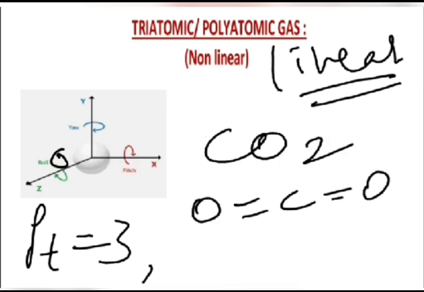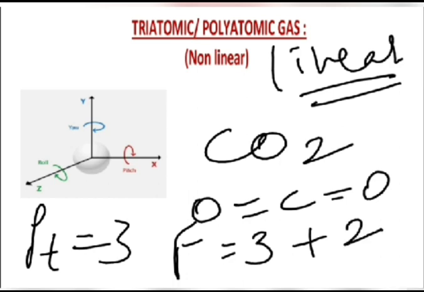So let us try to find out the total. In case of carbon dioxide molecule, total degrees of freedom will be 3 for translational and 2 for rotational. That makes a total of 5. However, we need to remember that vibrational degrees of freedom is tricky to understand and to find out. Rather, that number depends on the atoms in the molecule and their arrangement, right?